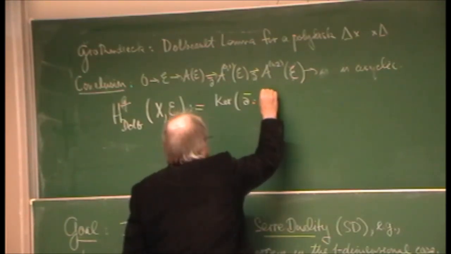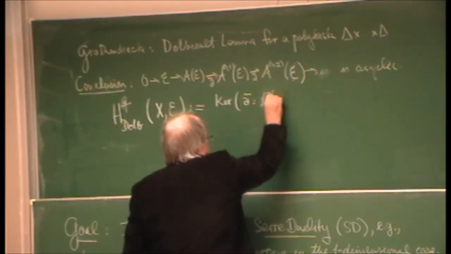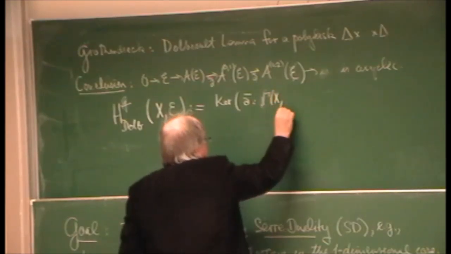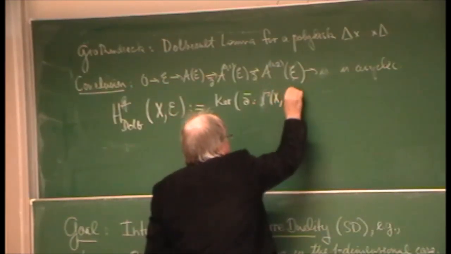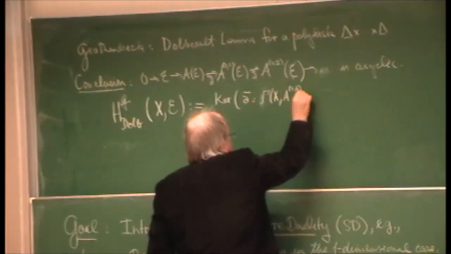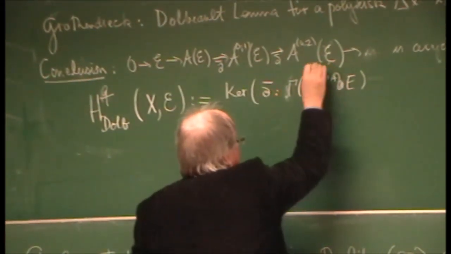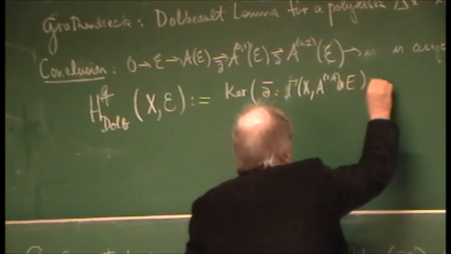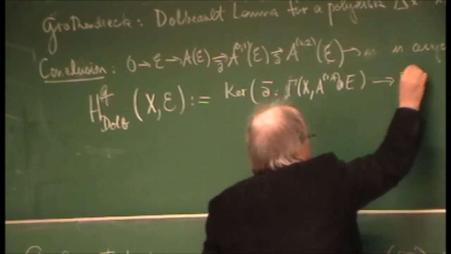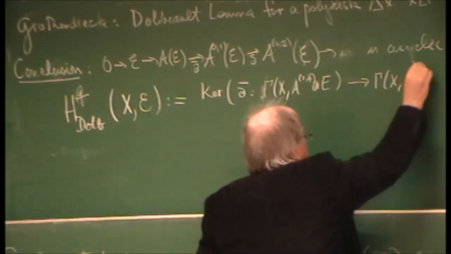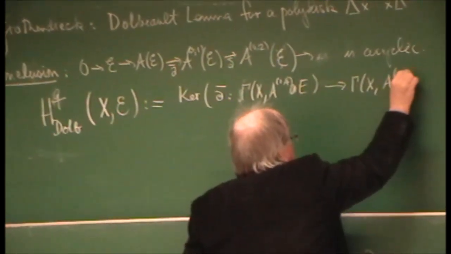So let me just write it here. Sections on X of (0,q) forms with coefficients in the bundle. This would be the usual definition of this sheaf or vector bundle. Usual notation.